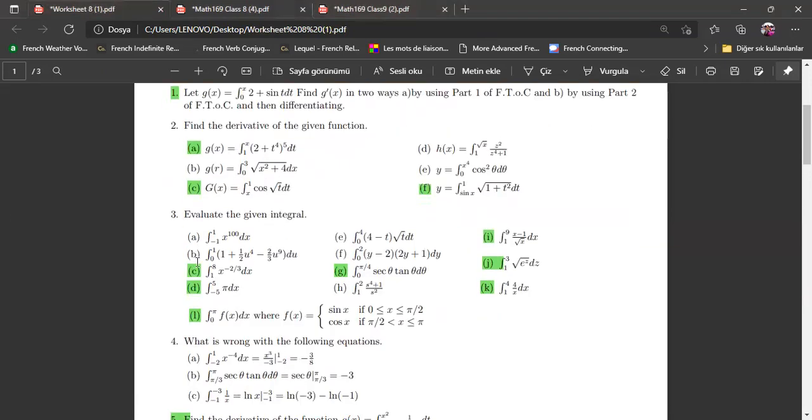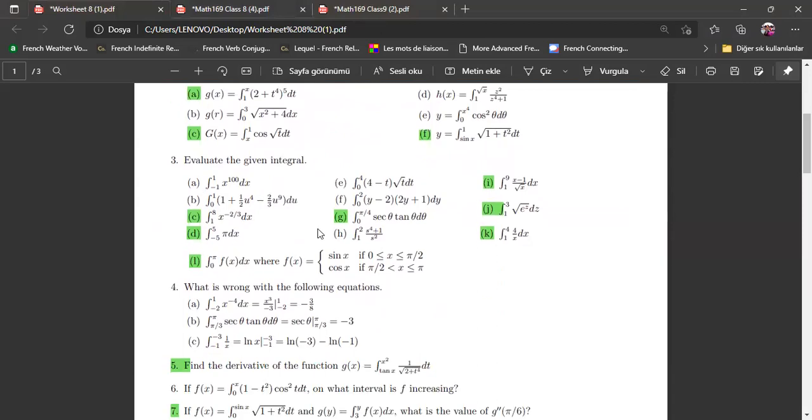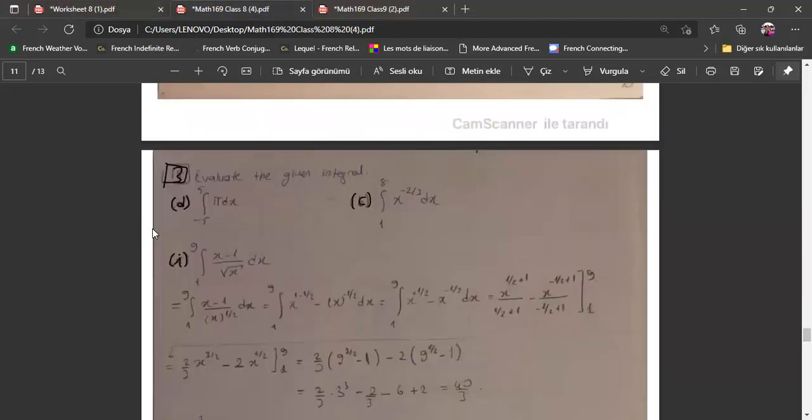And the third question, here we have. So this part is easy, right? We have, let's write it together. So the integral of this function pi is pi x from -5 to 5.